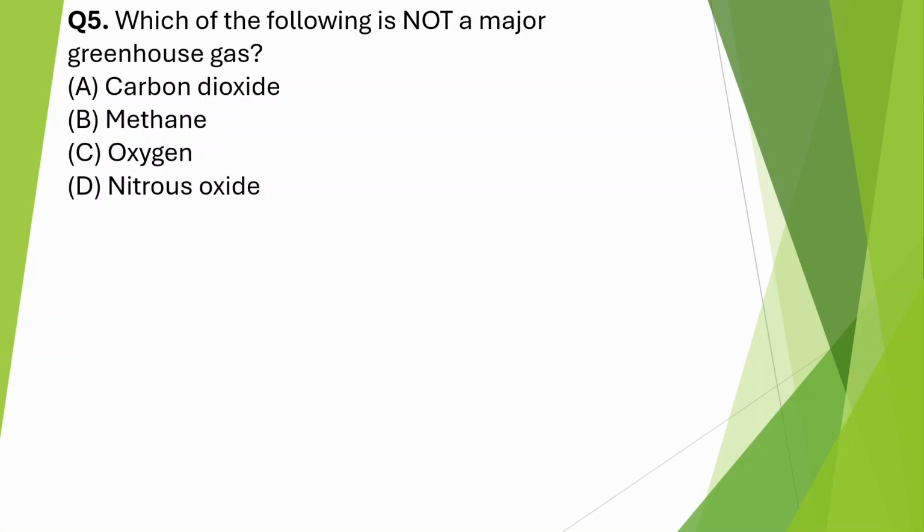The 5th question is here, which is asking you which is not a major greenhouse gas out of all the 4 options. Yeah, Kirti has marked it as C. She is the first to mark.